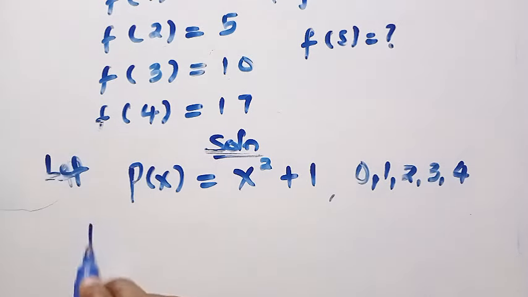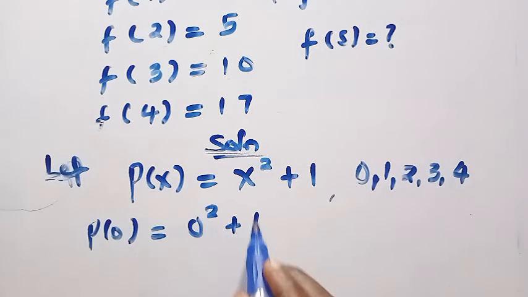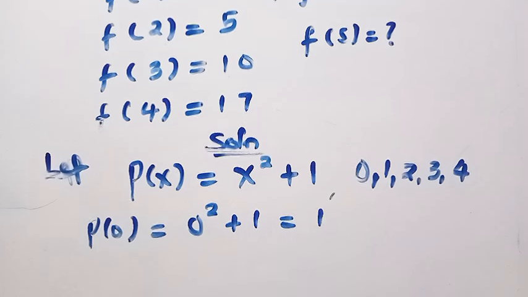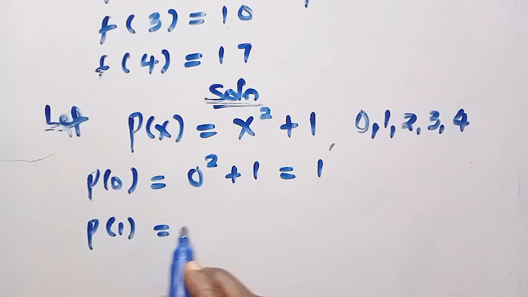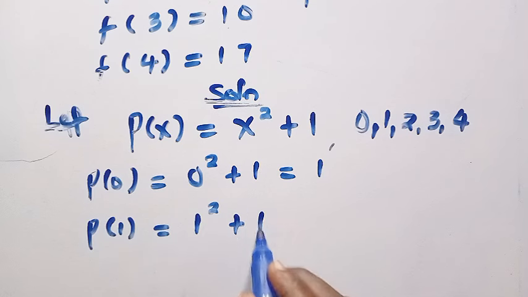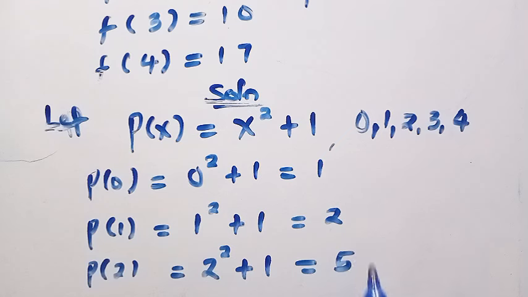If we test for p of 0, we have 0 squared plus 1, and this equals 1. Again, if we test for p of 1, we have 1 squared plus 1, and this equals 2. If we test for p of 2, we have 2 squared plus 1, that gives us 5.